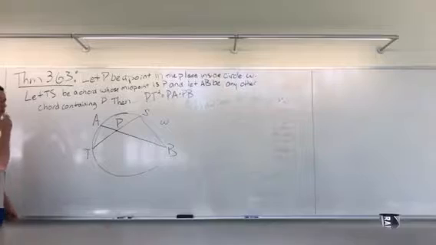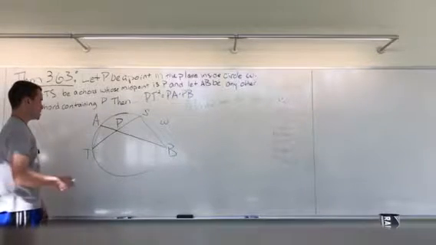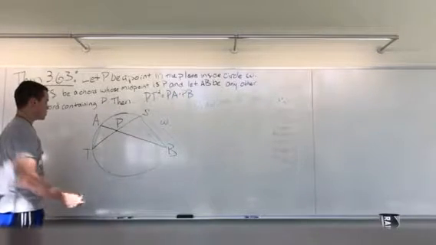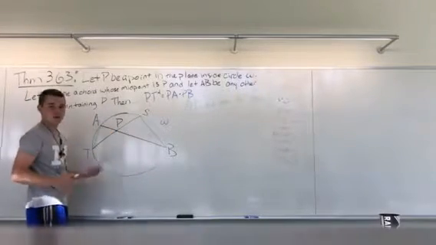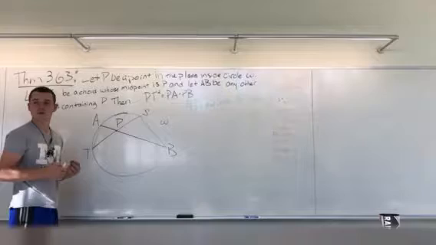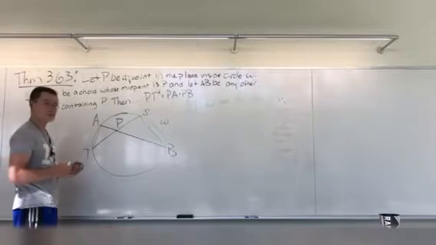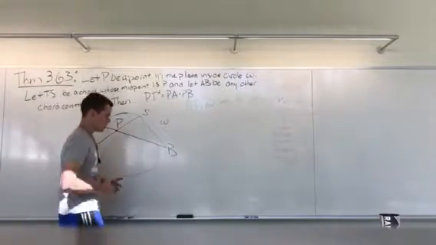So let's state a couple of things we know about these two triangles. These two angles right here, APT and SPB, they're vertical angles. So we can conclude that those two angles are congruent.